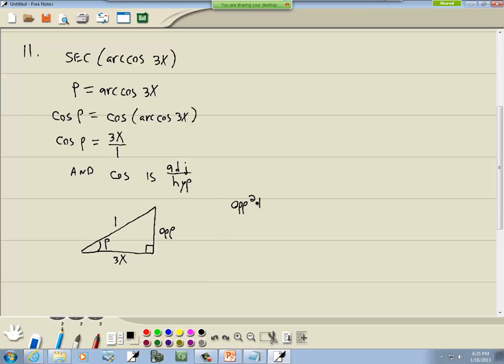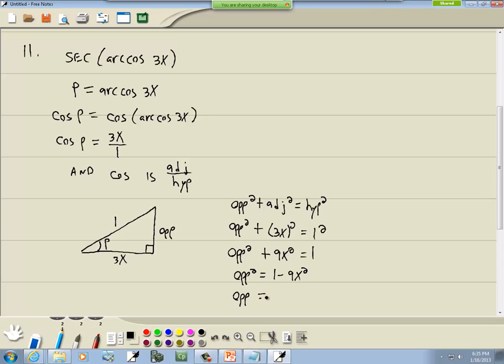Well, we got opposite squared plus adjacent squared is equal to hypotenuse squared. So we got opposite squared plus (3x) squared is equal to 1 squared. So opposite squared plus 9x squared equals 1. Take 9x squared to the right side, and we got 1 minus 9x squared. Drop our squared and put a square root around the other side. So we got opposite equals square root of 1 minus 9x squared. Okay, so we got our opposite side.